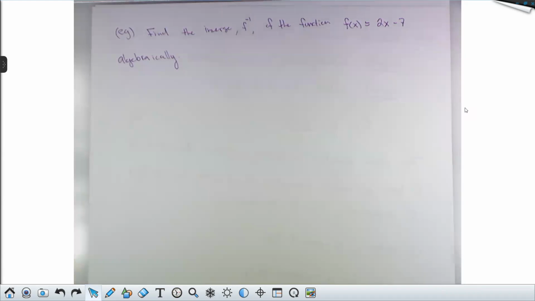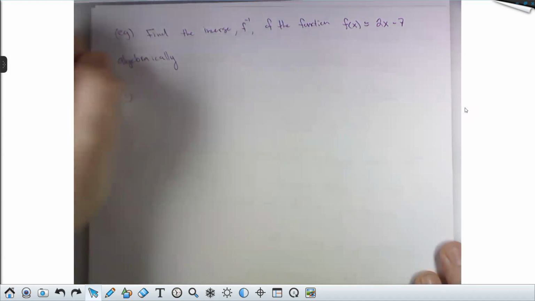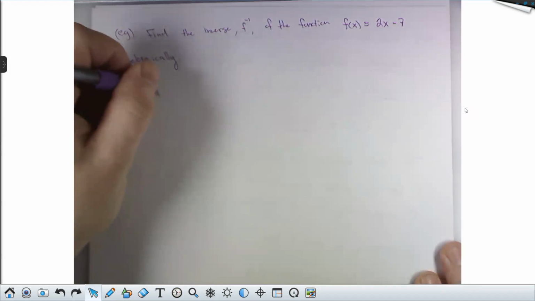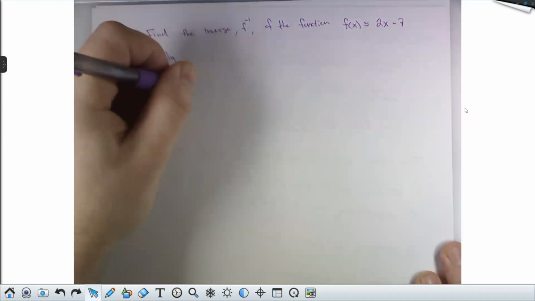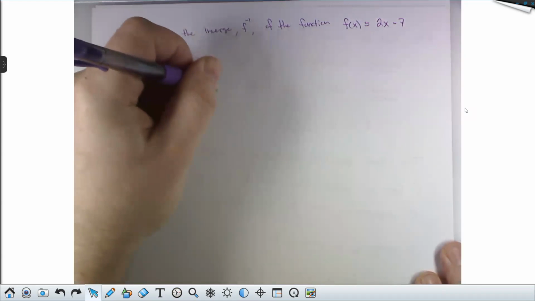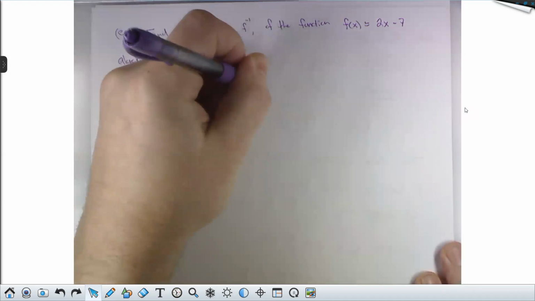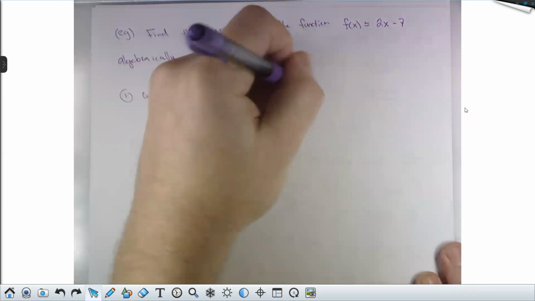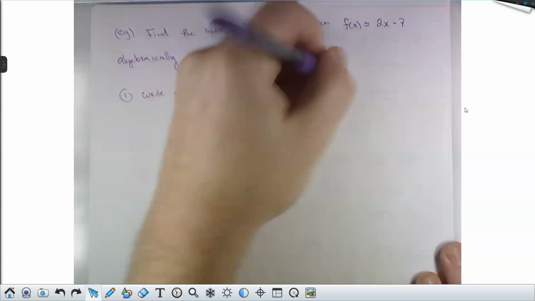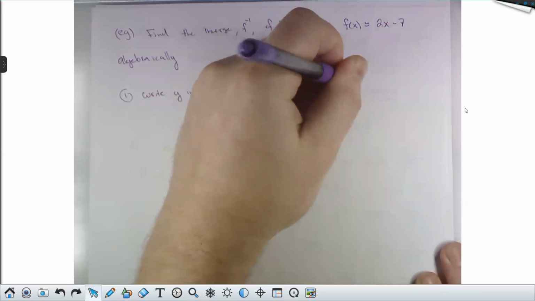Let's see if we can find the inverse algebraically instead of going through that verbal process. So remember our steps. First, we write y in place of f of x. For this function, that looks like this: y equals 2x minus 7.